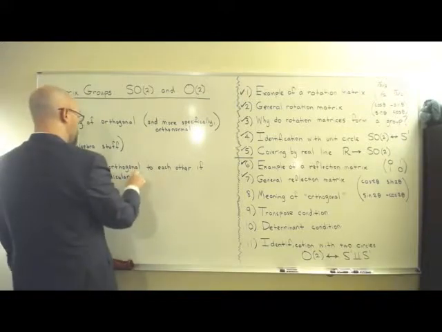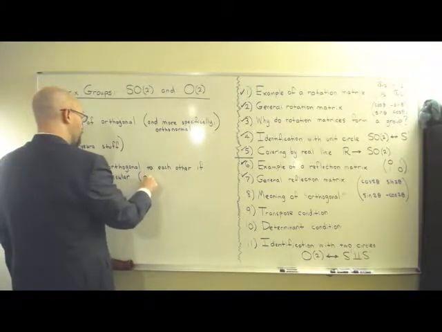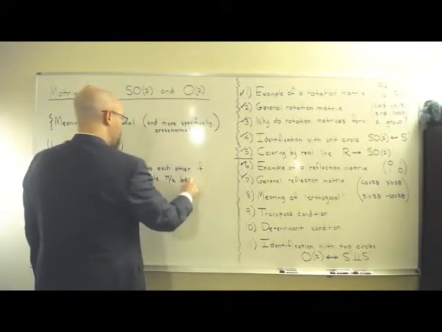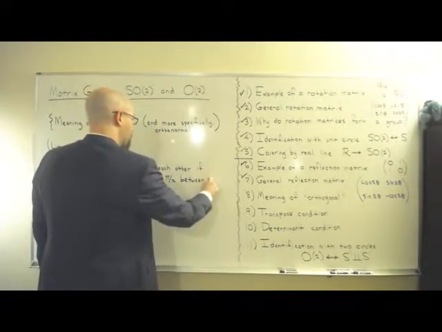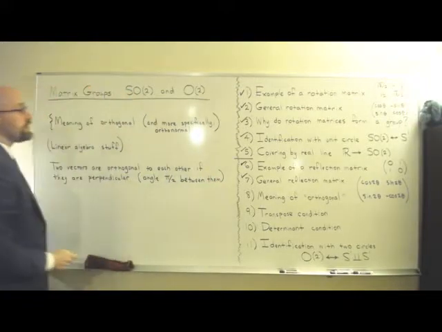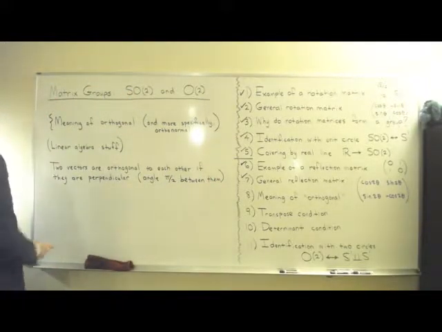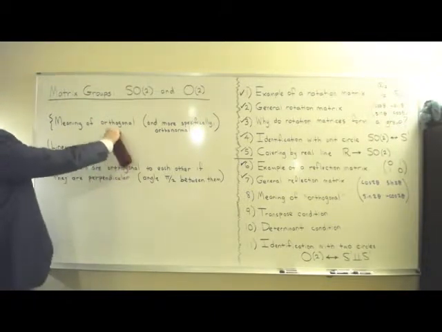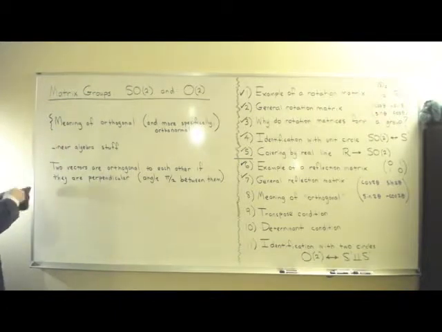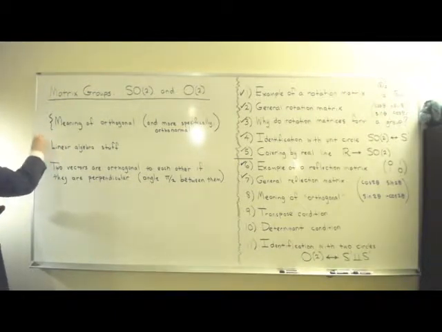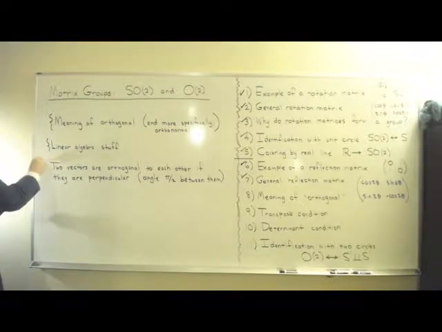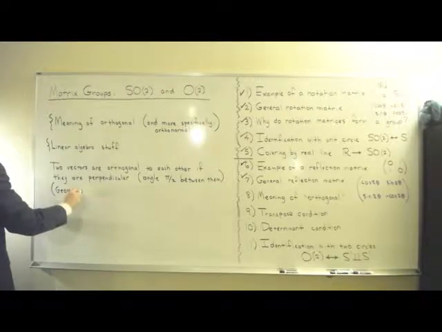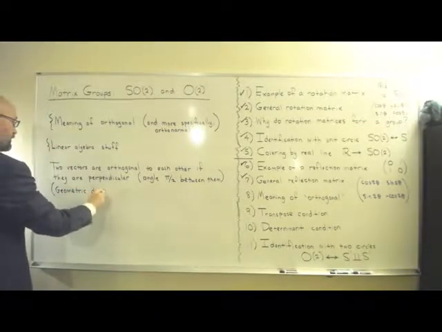And of course that means an angle of pi over 2 between them. Now this is a geometric description. So let me write it like this. So this is a geometric description.